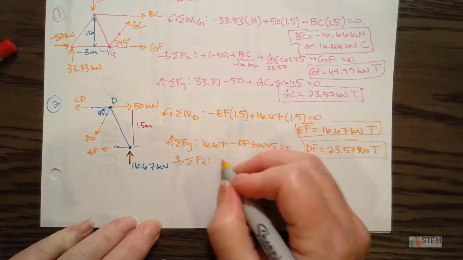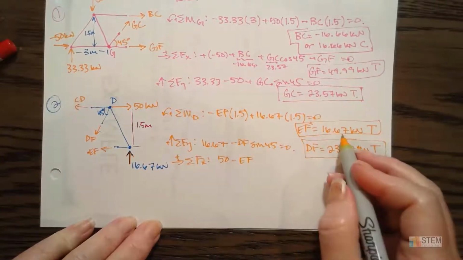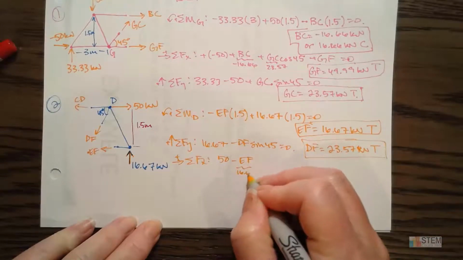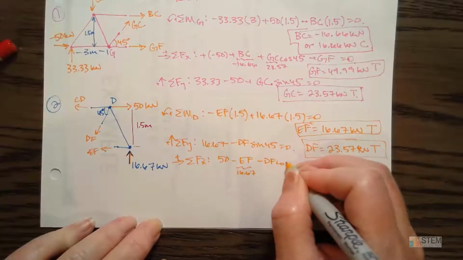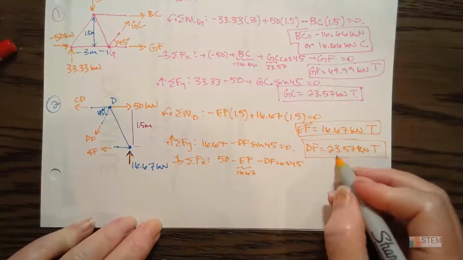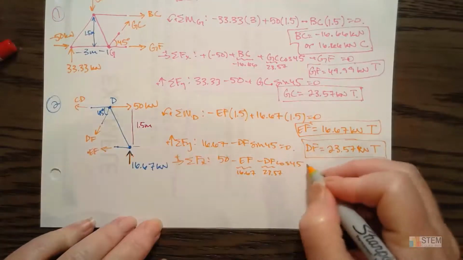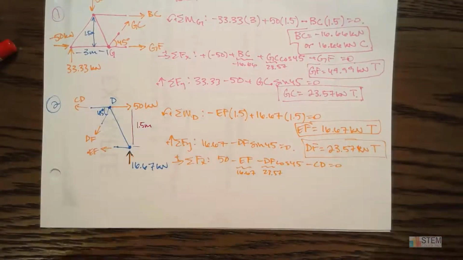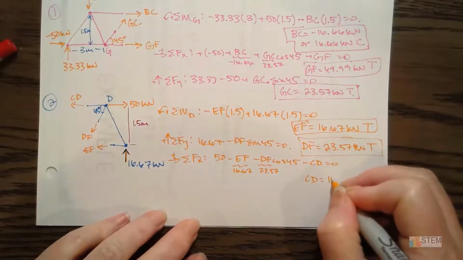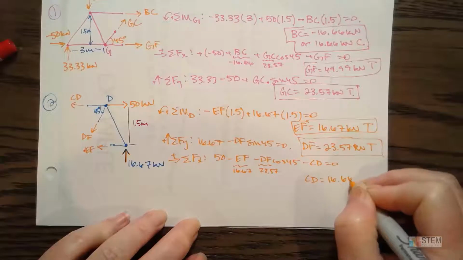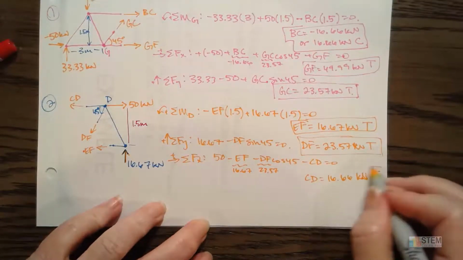So we got positive 50 minus EF, which we already know what that is, 16.67. We've got a negative DF cosine 45. We know what DF is. And then we got a negative CD. That equals 0. All right, so CD then is going to be a positive 16.66 kilonewtons. It's positive, so it is in tension.